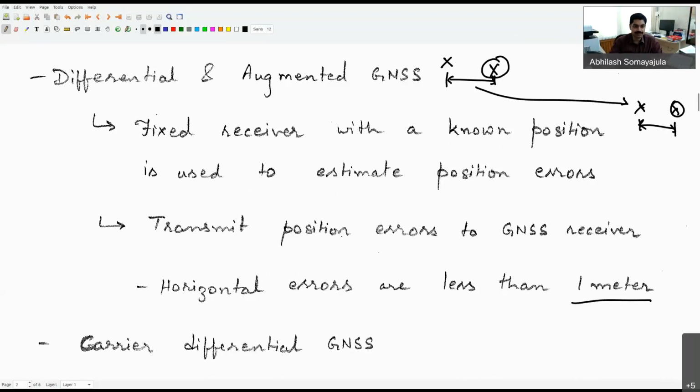Now, there is a different way to correct for the error as well, and that is called carrier differential GNSS, which means that here you're not just taking into account the difference between the measured value and the known value, but you're also taking into account the phase of the carrier signal which is coming in.